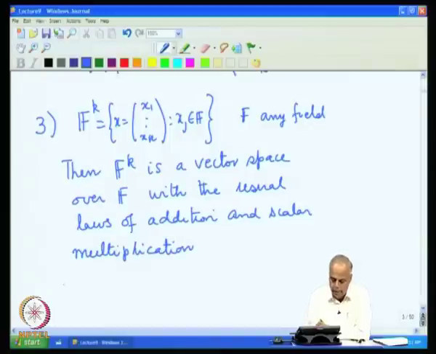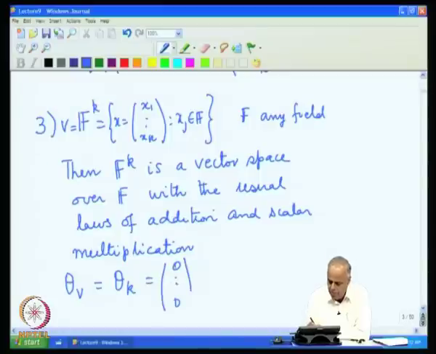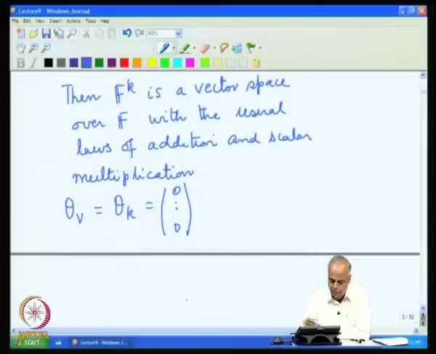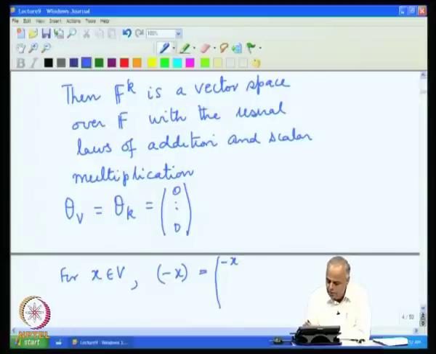And again, what is the V in this case? It is f k. So, what is the theta v? It is again theta k, in this case 0 0 0, where now the 0 refers to the 0 element of the field f, and for x in V, the negative is again minus x 1, minus x 2, minus x k.